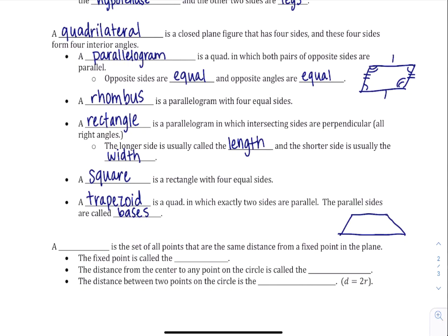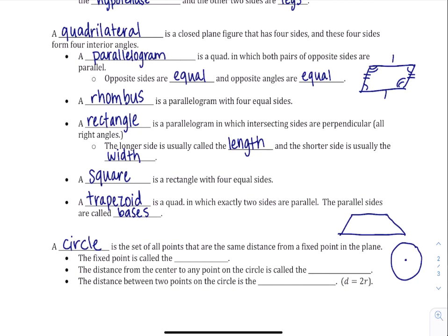And then the last thing that we need to define is a circle. A circle is just a set of all of the points that are the same distance from some fixed point in the plane. So you have a circle, and all the points on that circle are the same distance from that center point.